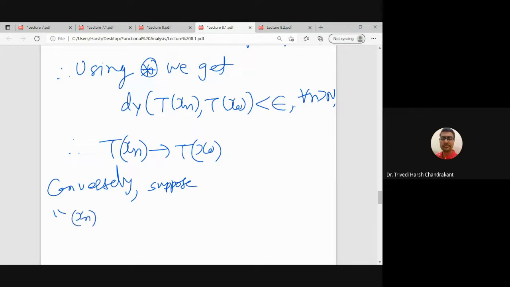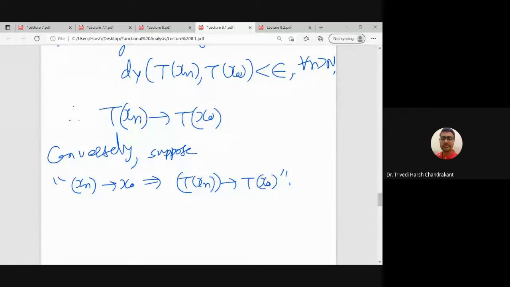That means xn approaches x naught implies Txn converges to Tx naught. That is given. So we want to show that the property star holds, right? Basically, we want to show T is continuous with respect to the original definition of continuity in the metric space.